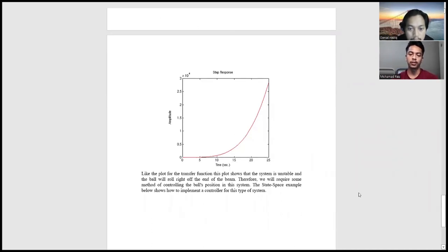And for the plot, this shows that the system is unstable and the ball will roll right off the end of the beam. Therefore, we will require some method of controlling the ball's position in this system. And the state space example below shows how to implement a controller for this type of system.